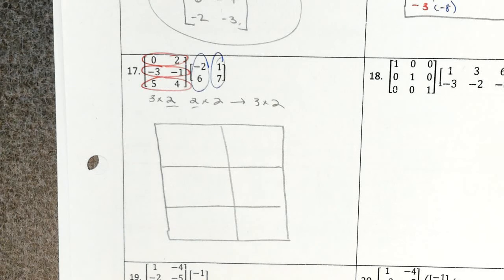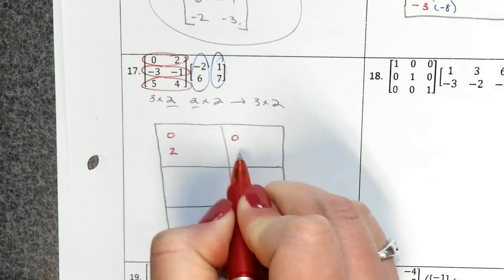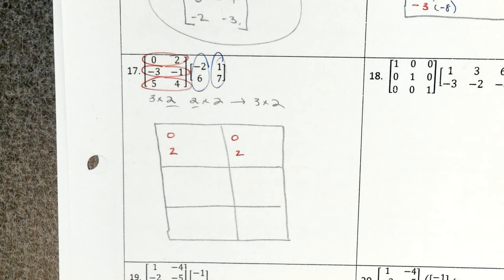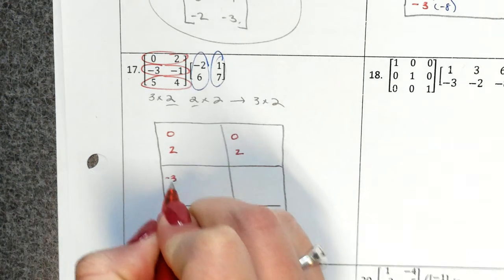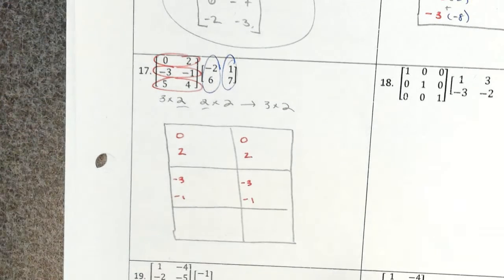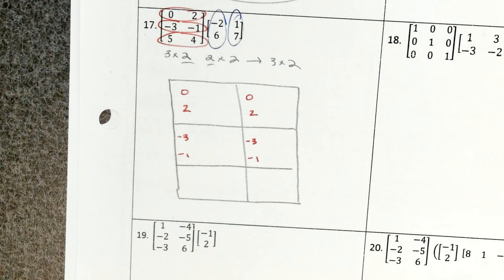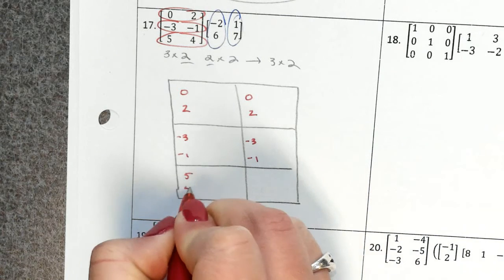In the top row, what numbers do I use? 0 and 2. So 0 and 2 go in every box in the top row. In that middle row, what numbers am I going to use? -3 and -1. They go in every box in that row. In that bottom row, what numbers do I use? 5 and 4 go in each box.